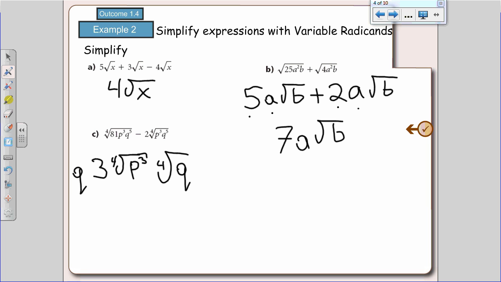I've left them separate right now, but I'm going to combine them. Those of you who look at it like that, that makes sense. Good. I'm about to erase it and put it all under one root sign because it's evened out. So we have 3q, 4th root, p cubed q.